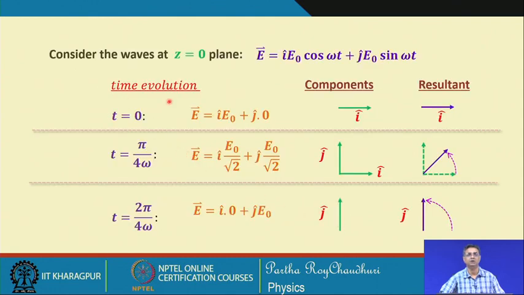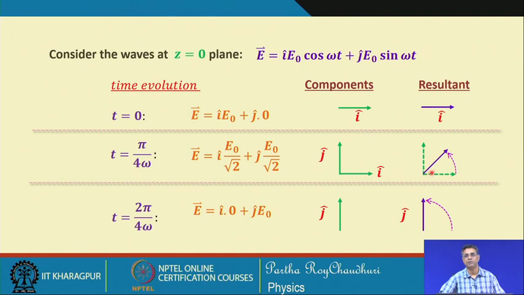At time t equal to 0, cosine omega t becomes 1, so you have the entire amplitude along the x direction. So, the resultant is also along the x direction. For time t equal to pi by 4 omega, the resultant components are along this and this, but the amplitude is reduced by 1 by root 2 because of cosine 45 and sin 45 degree.